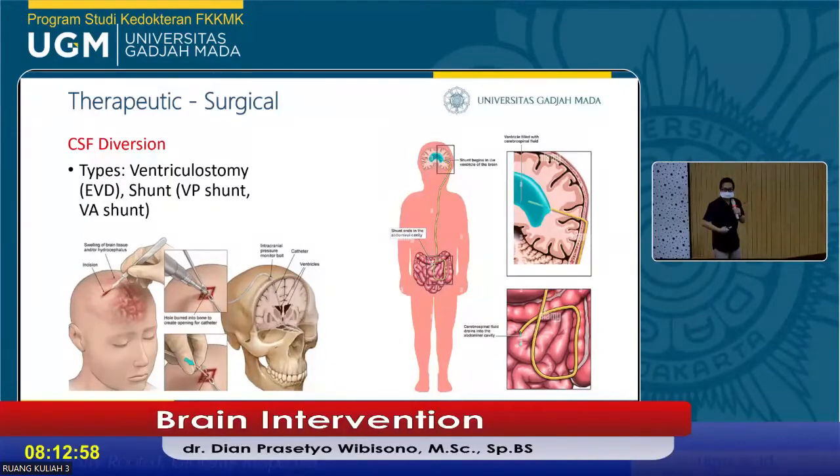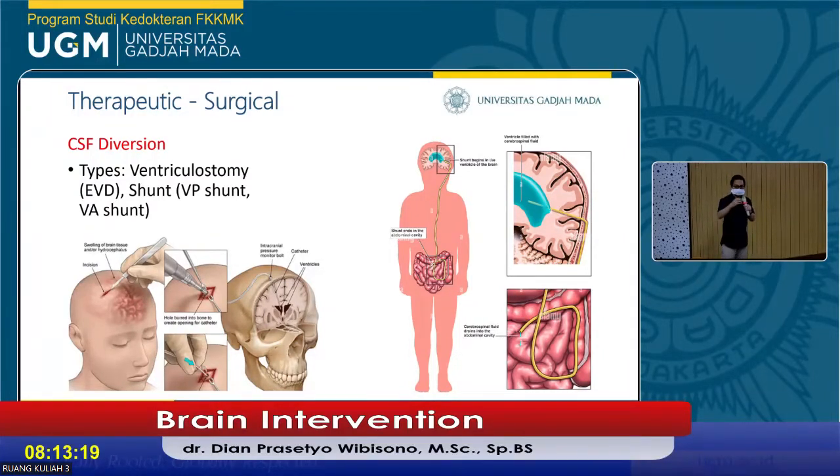Block 1.2, we call it the peritoneal space. Or maybe, I'm sorry, block 1.3. Block 1.2 is where you learn about the pleura. Pleura is also a potential space that can be used for the drainage of CSF.